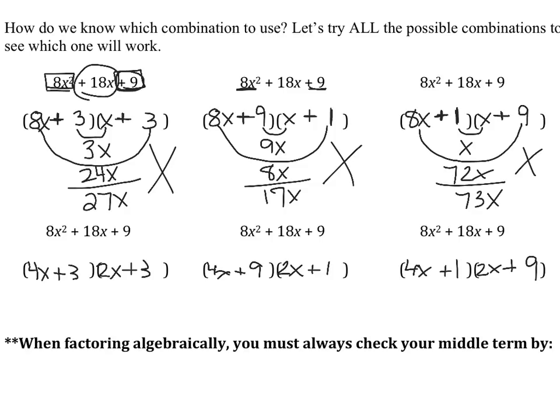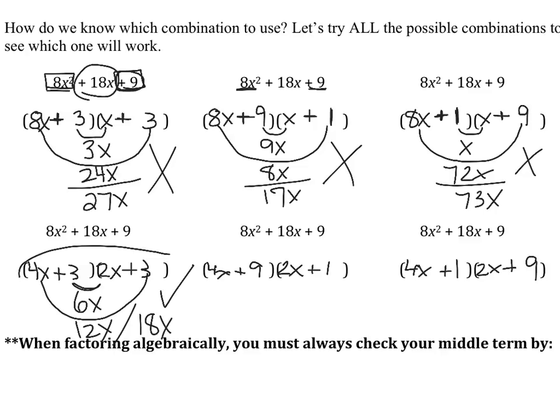So now let's check our inners and our outers, right? So here I have 6x. Here I have 12x. Now if I combine 6x and 12x, oh yay, that gives me 18x. So this is the right answer. So the factors of this that give me 8x squared plus 18x plus 9 are 4x plus 3 and 2x plus 3.